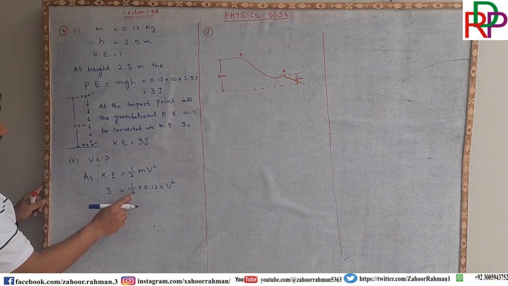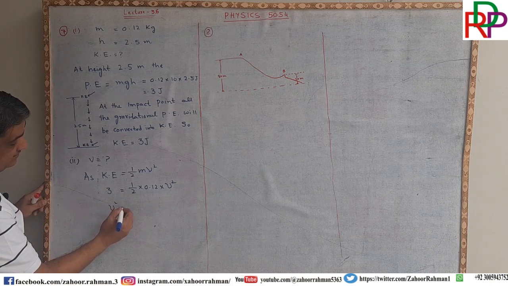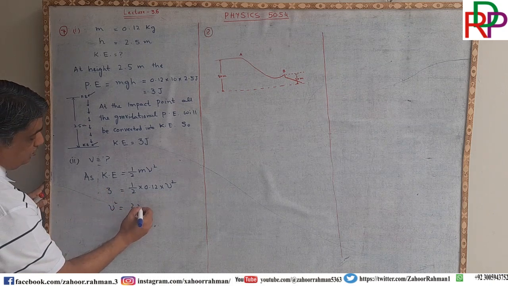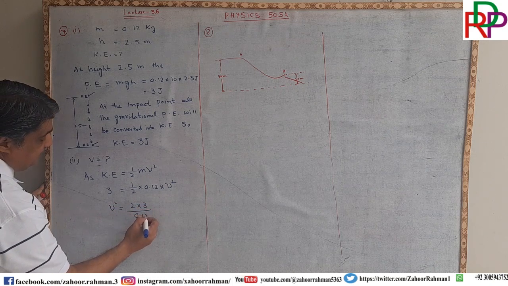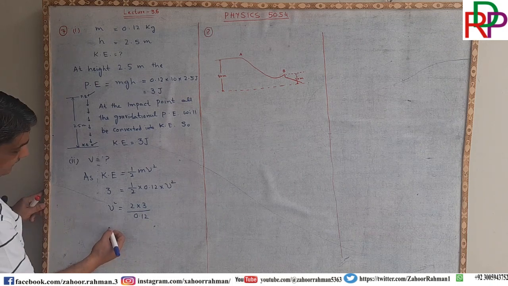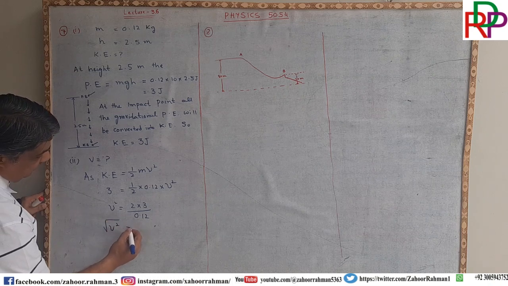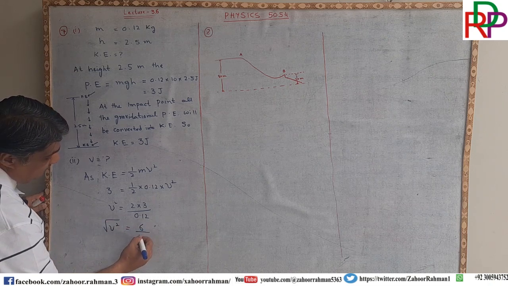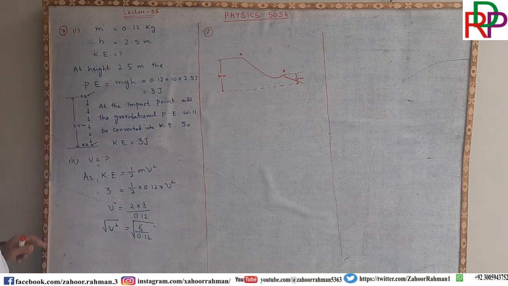Now I am rearranging this. So 2 multiplied by 3 divided by 0.12, and here we will take square root on both sides of the equation.